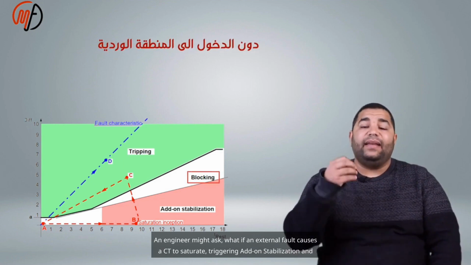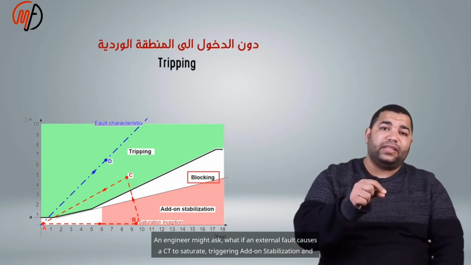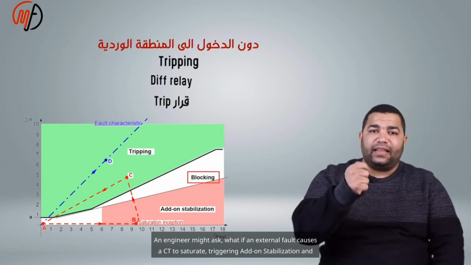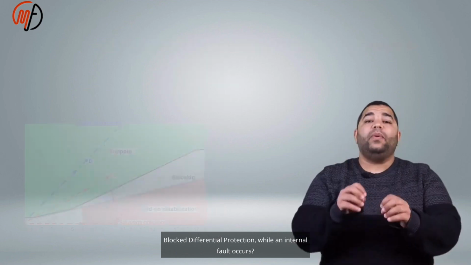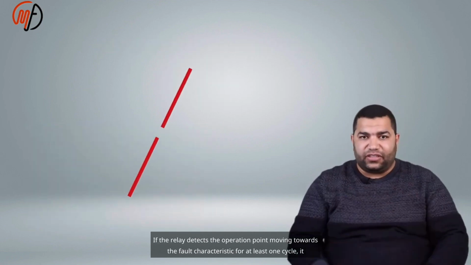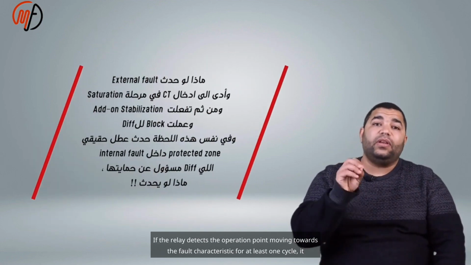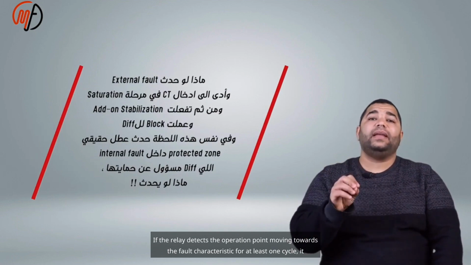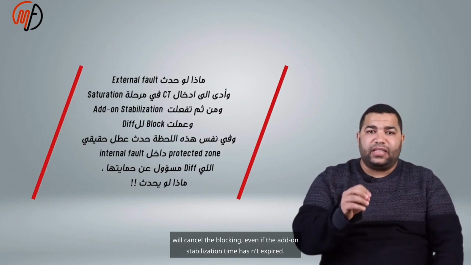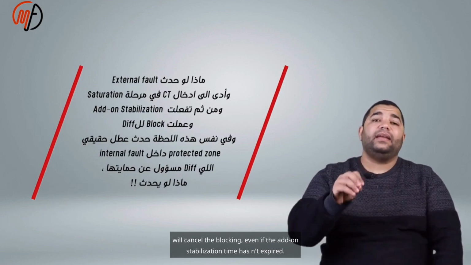An engineer might ask, what if an external fault causes a CT to saturate, triggering add-on stabilization and blocking differential protection, while an internal fault occurs? If the relay detects the operation point moving towards the fault characteristic for at least one cycle, it will cancel the blocking, even if the add-on stabilization time hasn't expired.